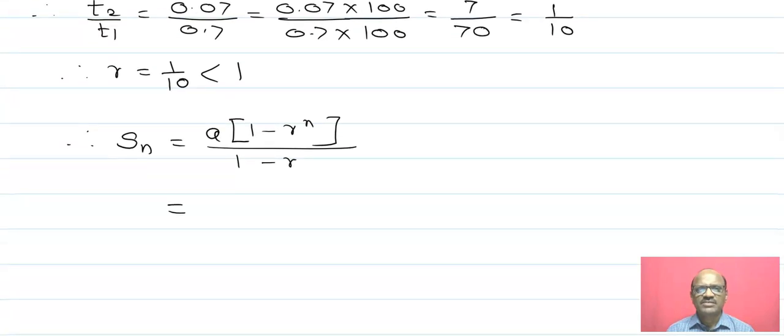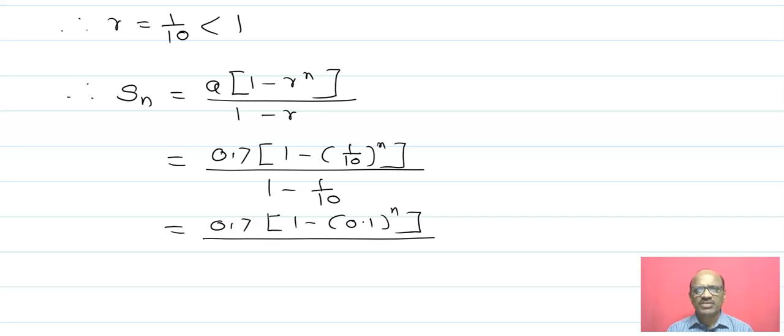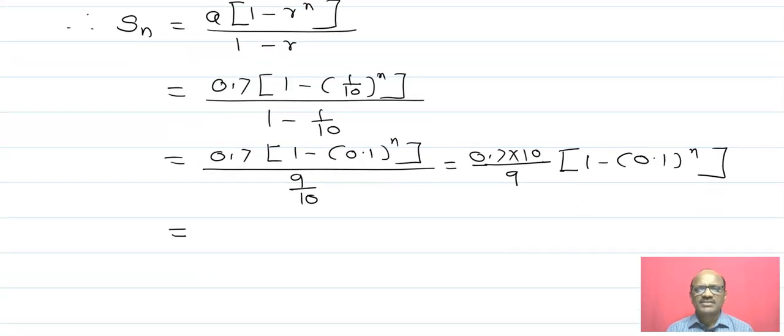Substitute the values. The value of A is 0.7 in bracket 1 minus 1 upon 10 raised to n upon 1 minus 1 upon 10. Now simplify this. That is 0.7 in bracket 1 minus 0.1 bracket raised to n upon 1 minus 1 upon 10, which means 9 upon 10. Now simplify this. Multiplying by the reciprocal, 0.7 into 10 upon 9 in square bracket 1 minus 0.1 bracket raised to n.